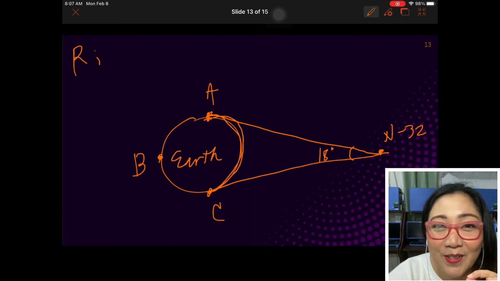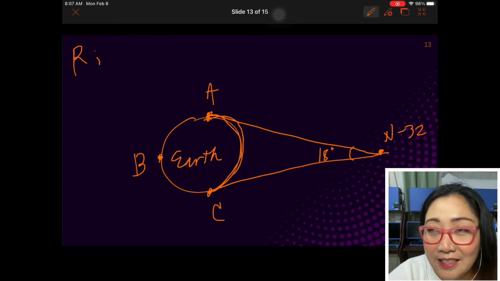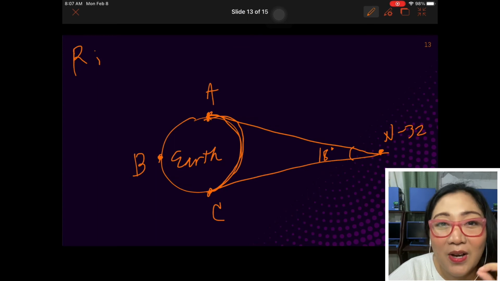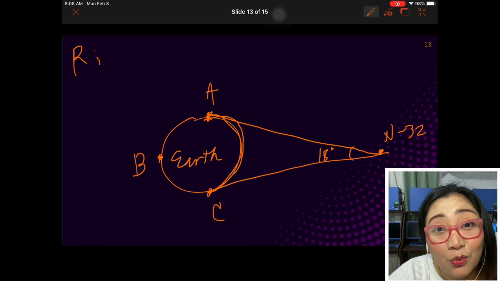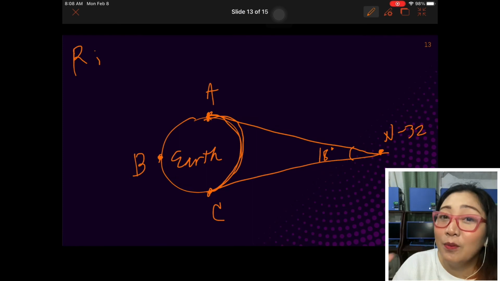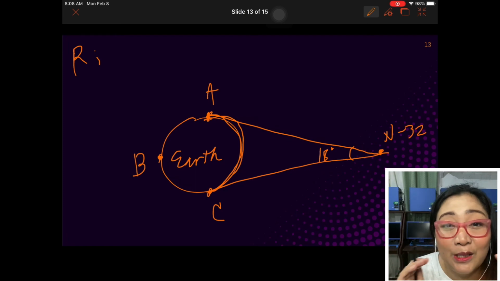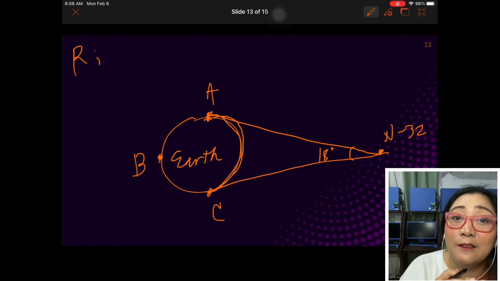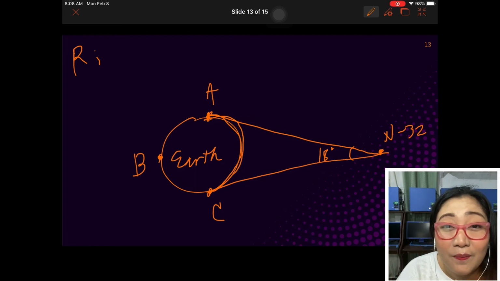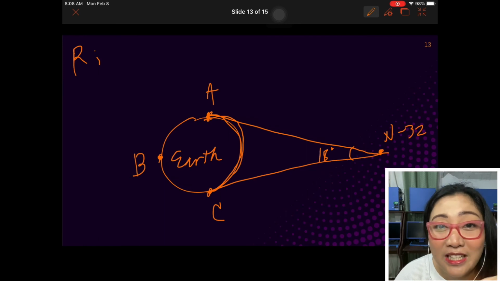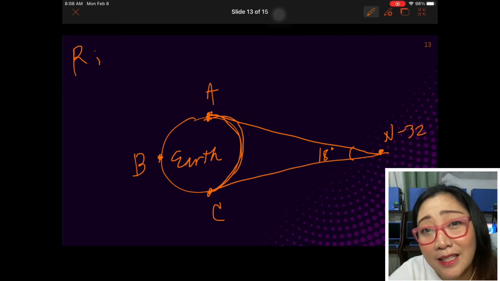Kinukuha natin yung difference ng ating intercepted arcs and then divided by 2. So remember, if the angle is formed outside, kukuhanin natin yung difference ng dalawang arcs na intercepted, tapos divided by 2.